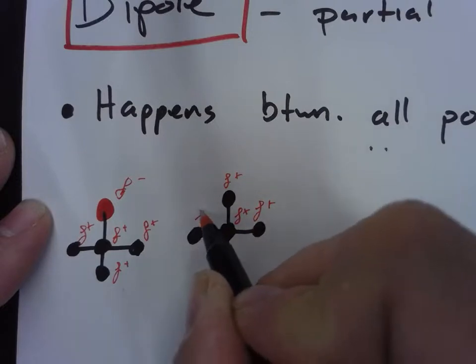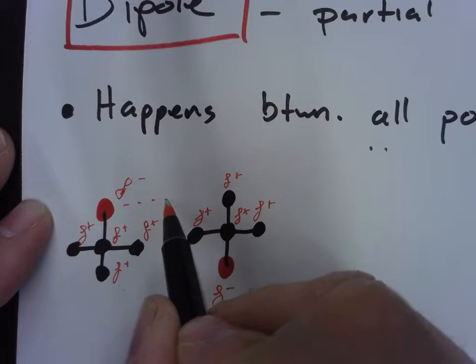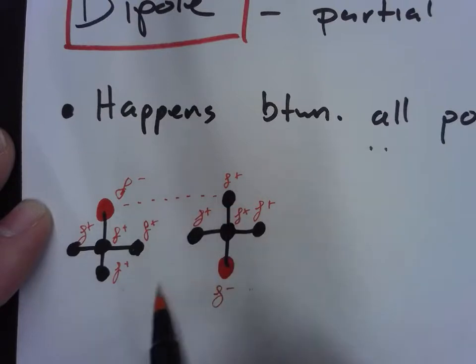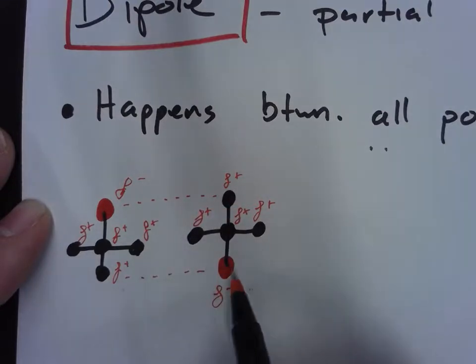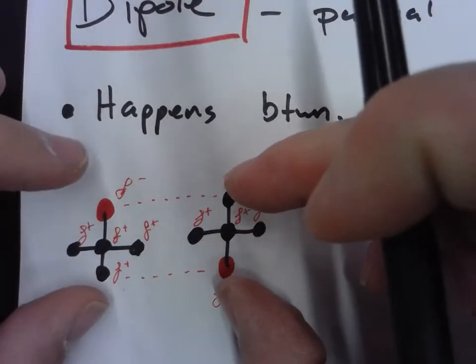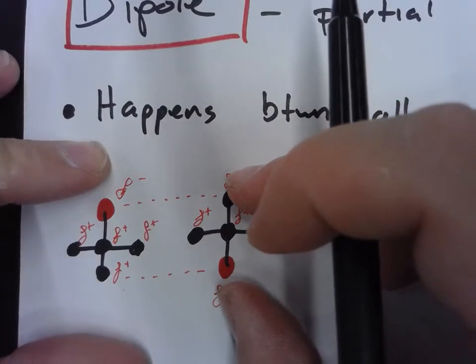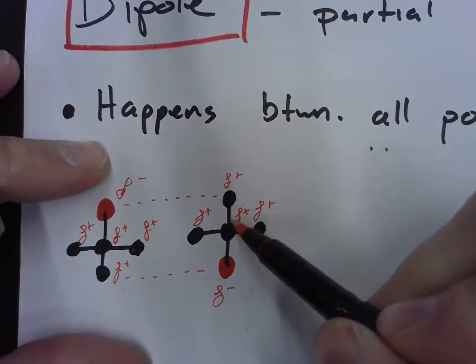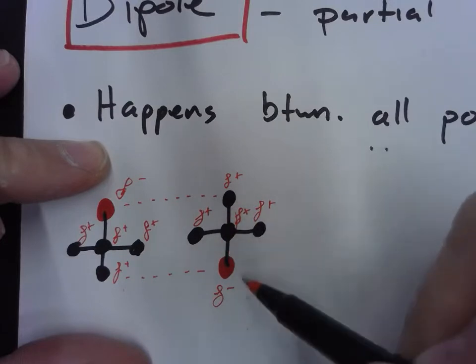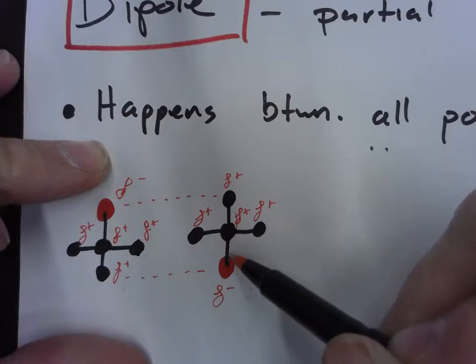And so what happens between positive and negative when they interact? Well, there's some attraction there, right? So there's an attractive force between these two separate molecules. That is an IMF, intermolecular force. The bonds holding this molecule together are intramolecular forces, and these are covalent bonds, specifically polar covalent.